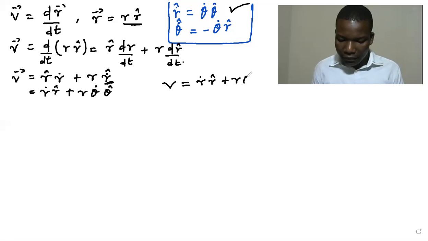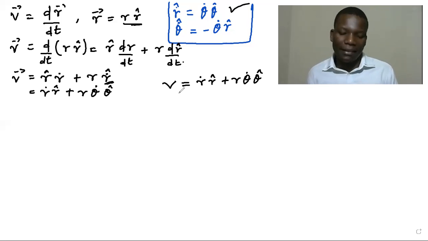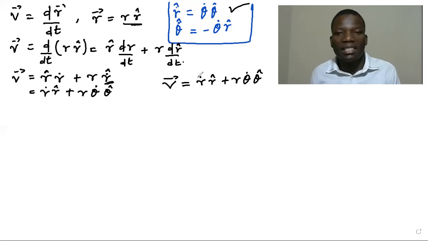This is how you get the velocity, as simple as that. This is a vector velocity, as simple as that in the polar coordinate system.